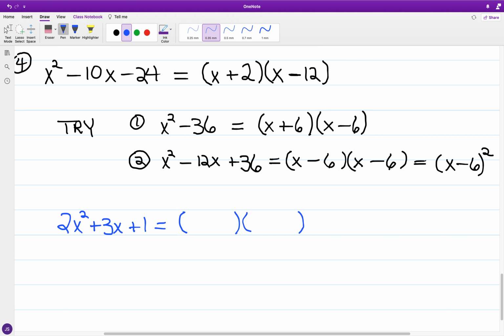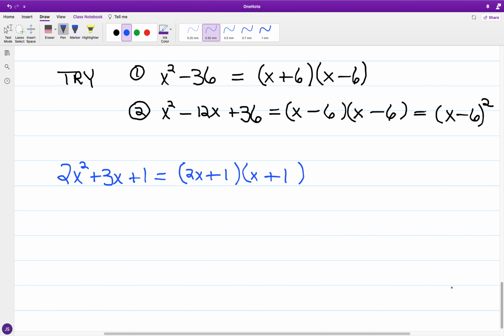So you have 2x squared, and if this is factorable, to multiply out to 2x squared, one of these has to be 2x and the other x, and we're looking for factors of 1 that will ensure that the outside and the inside products amount to 3x. For this we have 2x plus 1 and x plus 1. So 2x times x is 2x squared. The outside product is 2x, the inside product is x, and combining, you will have 3x, and 1 times 1 is 1.